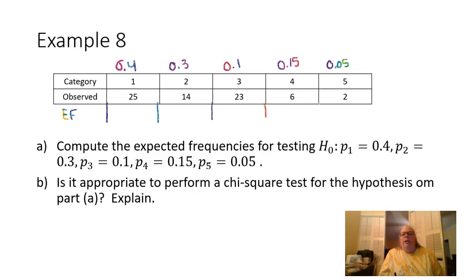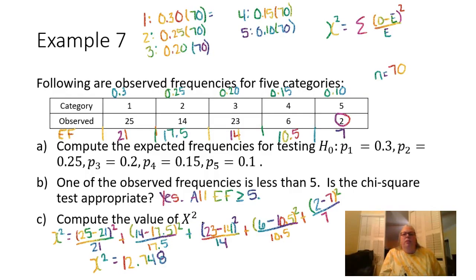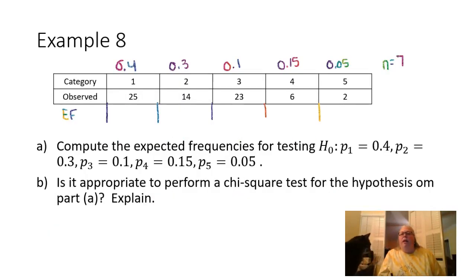And I need to know what n is equal to. And remember, I can find that just by adding together all of my observed values right here. So 25 plus 14 plus 23 plus 6 plus 2. I think we did that in a previous slide. Yes, we have the same numbers here. So once again, we're going to have n is equal to 70.